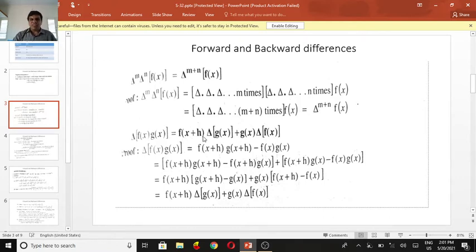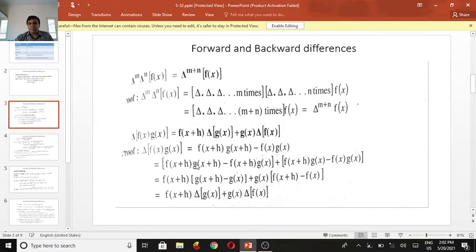Proof: if we take the left hand side, del f of x g of x, applying del to the product of two functions, where x is replaced by x plus h, we get f of x plus h g of x plus h minus f of x g of x.